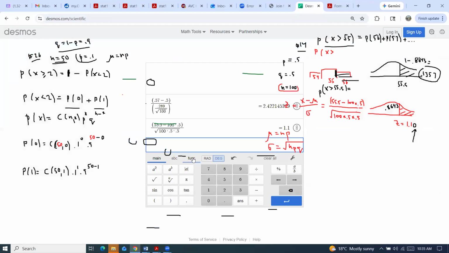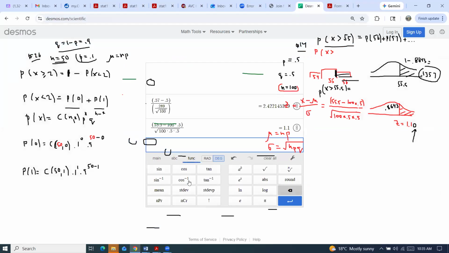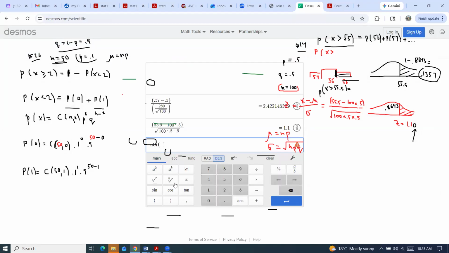Did you forget it already? Things happen, people forget. So you go combinations, as functions, and then back to main.